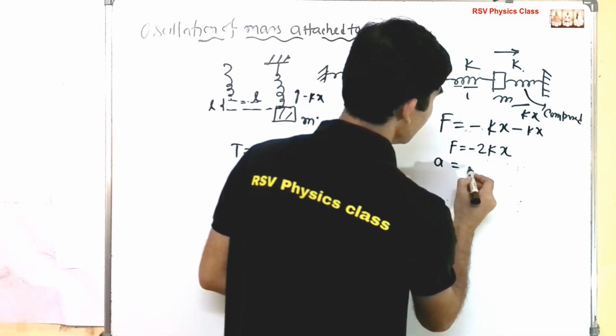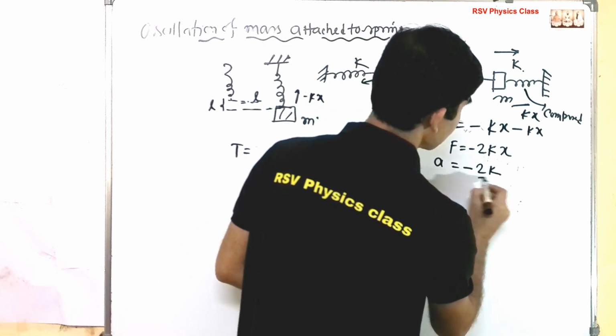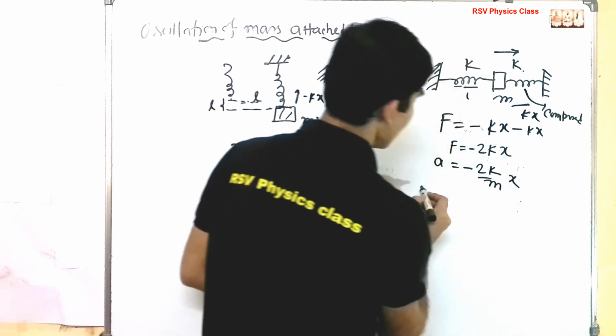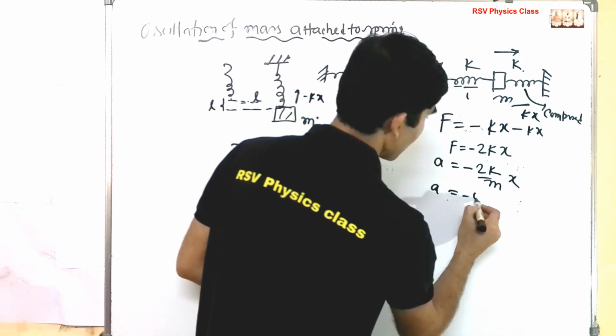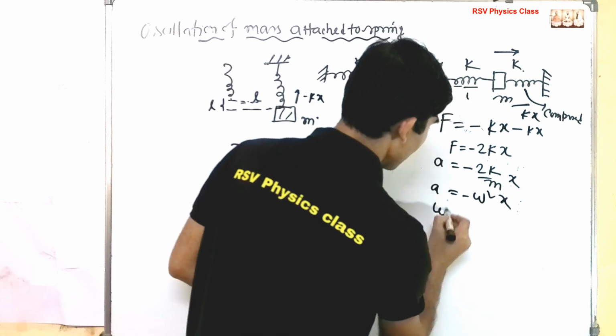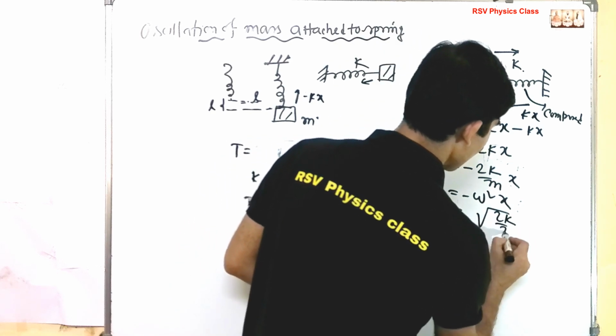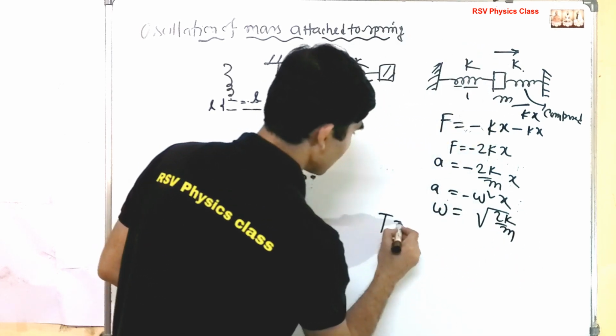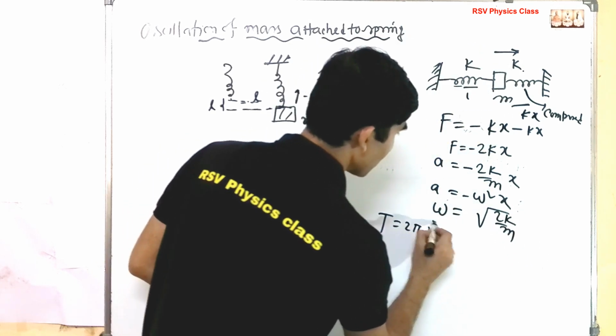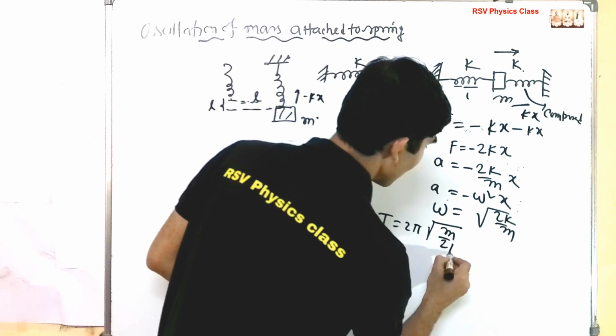A equals minus twice k over m into x, and compare with the equation A equals minus omega square x. Omega equals root of twice k over m, so the time period equals twice pi root of m over twice k.